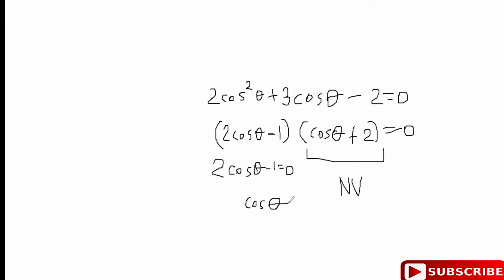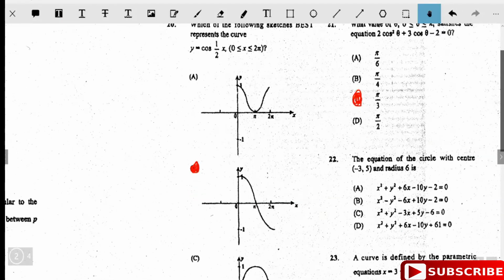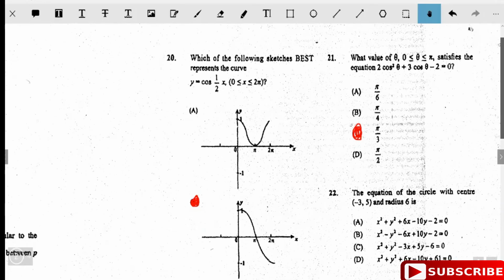If the cos of theta is equal to 1/2, then theta is equal to 60 degrees, or as some would put it, pi by 3. That's question 21.